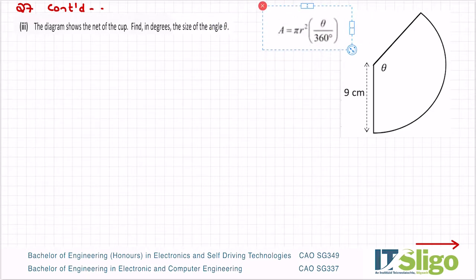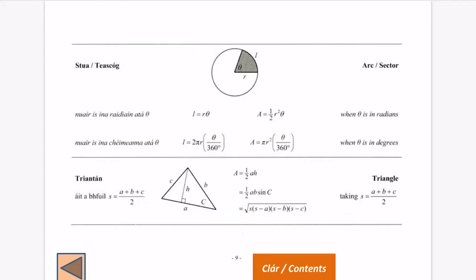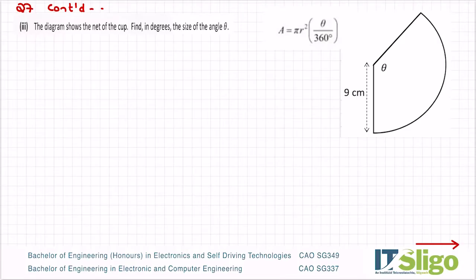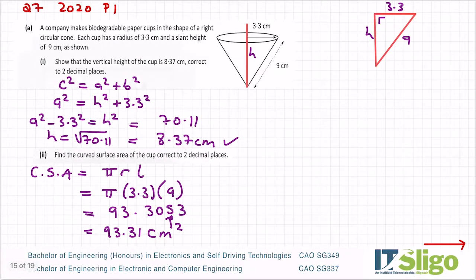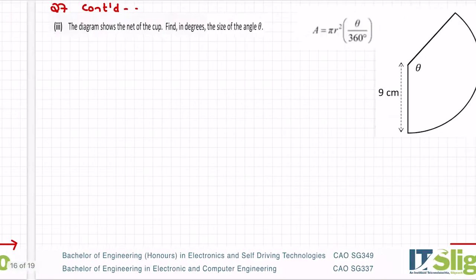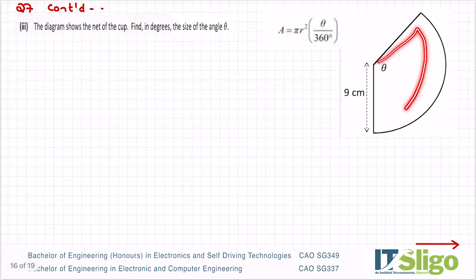That's the degrees formula. Okay, so how am I going to work out theta? And of course I could have taken, if I had known, 2 pi r theta over 360. My thinking though is I just worked out the curved surface area of the cup, which is the area of the outside of that cup. So wouldn't that then have the same area as this shape here?